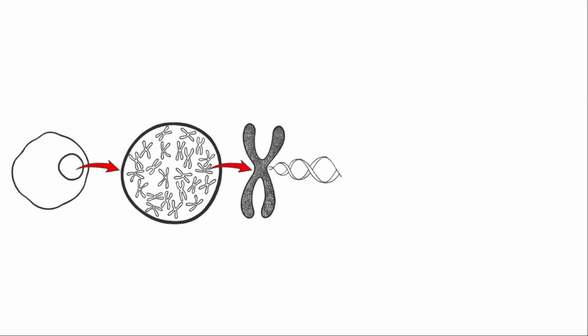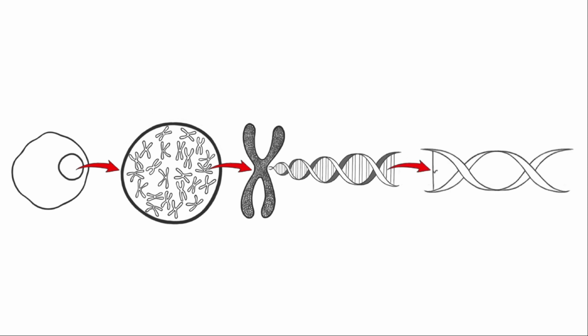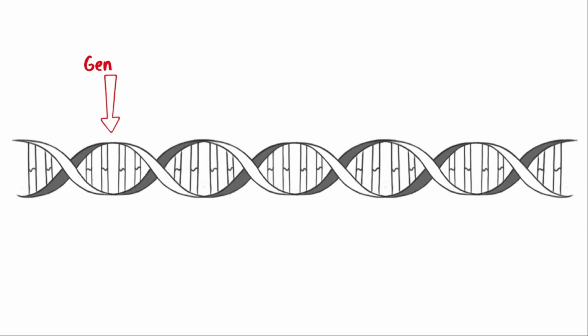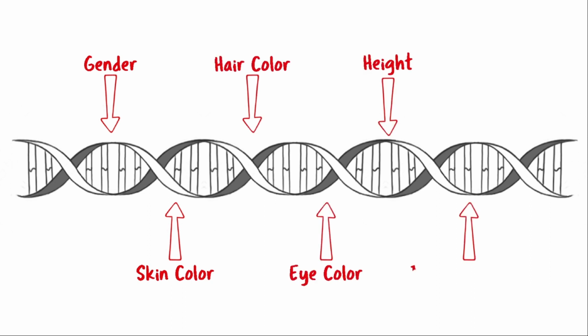Each chromosome is a long coiled-up chain of deoxyribonucleic acid, or DNA, in double helix shape. Groups of DNA form genes, and there are thousands of genes in a chromosome. Each gene governs the function or definition of some aspect of your being: your gender, your skin color, hair color, eye color, height, bone structure, and so on.